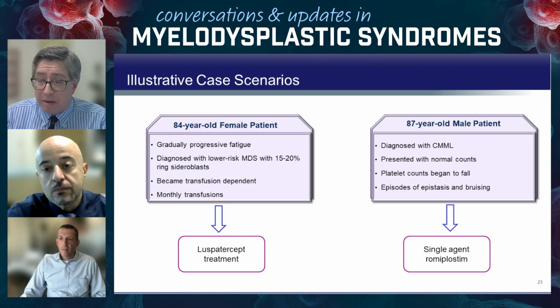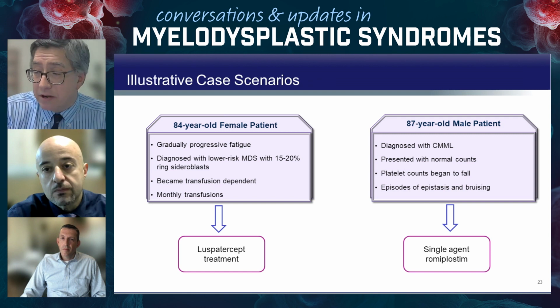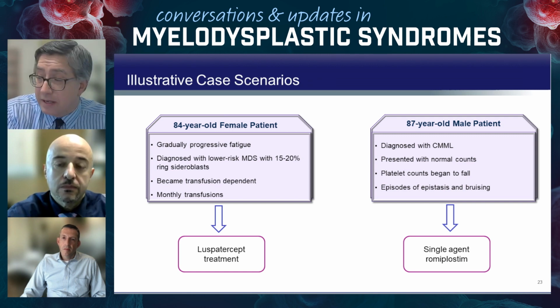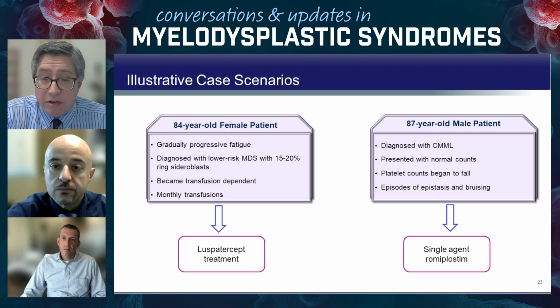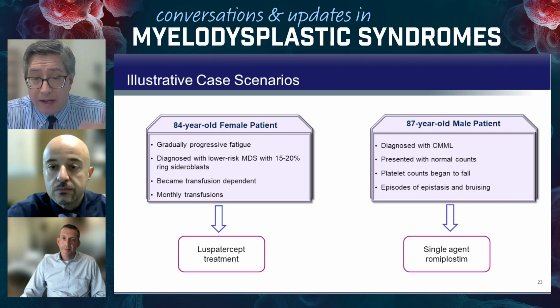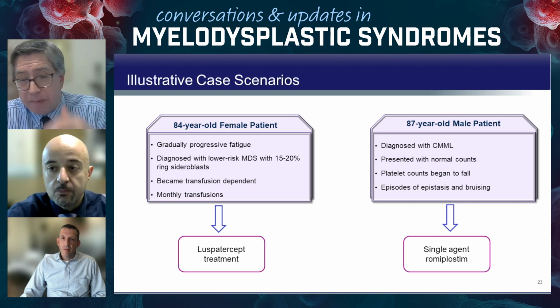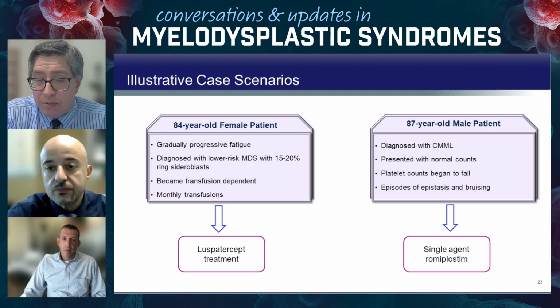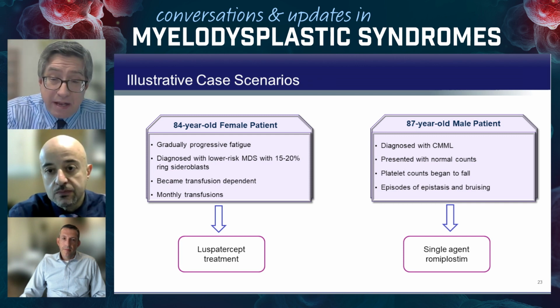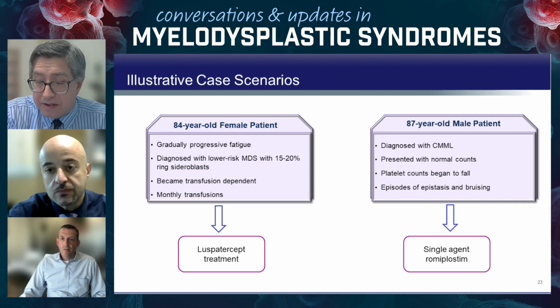Marrow showed no increase in blasts, 1% rings, and a normal male karyotype, and mutations in ASXL1, SRSF2, CBL, not surprising, and IDH. And he responded very nicely to single agent romiplostim. And I was able to actually reduce the dose and keep his platelet count in the 80 to 100 range without any intervention. And in an 87-year-old, I conclude that as a victory.